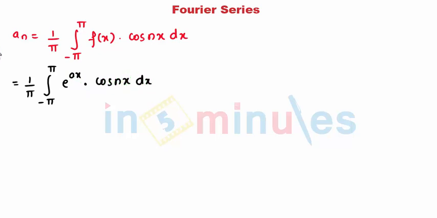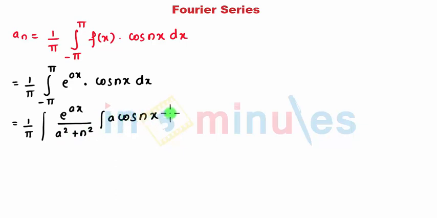We have a formula of e raised to ax cos bx, that comes to be 1 upon pi, e raised to ax divided by a square plus n square, bracket a cos nx, integration of cos is plus sine, plus b, that is n sin nx, dx. Upper limit is pi, lower limit is minus pi.